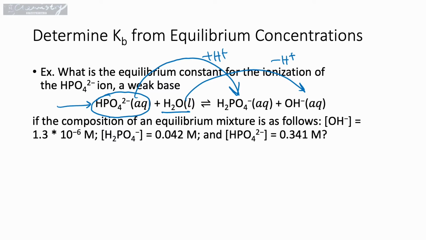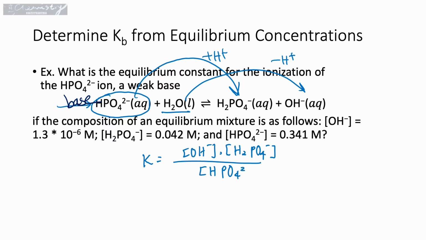The equilibrium constant for this reaction is the right side over the left side. So it's the concentration of OH multiplied by the concentration of the dihydrogen phosphate ion divided by the concentration of the hydrogen phosphate ion. Water is a liquid, so it's not part of it.